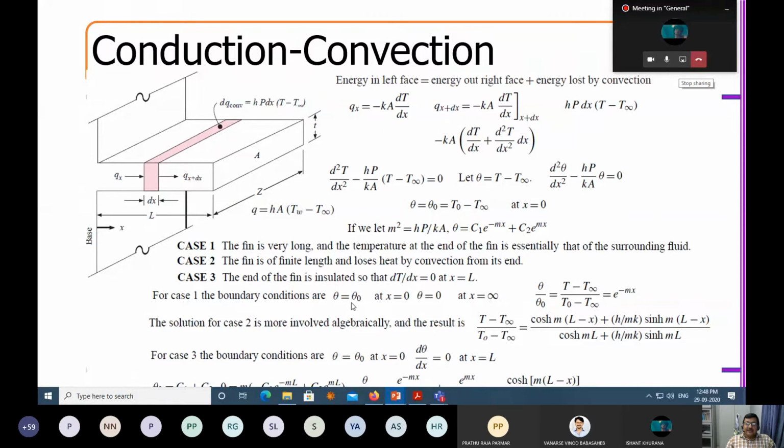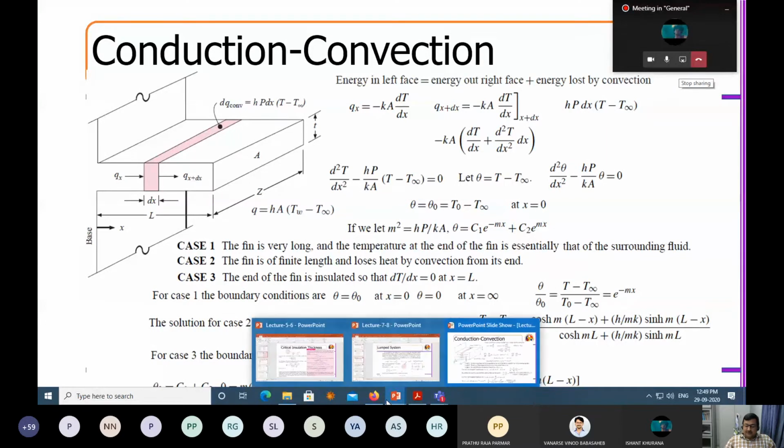So you can see that theta equals theta 0 at x equal to 0, and theta equals 0 at x equal to infinity, which is the simplest case for a fin, and this is the solution. This is the profile of theta. For case 2, it will be like this. I'll come back to this. And for case 3, I have given the solution.